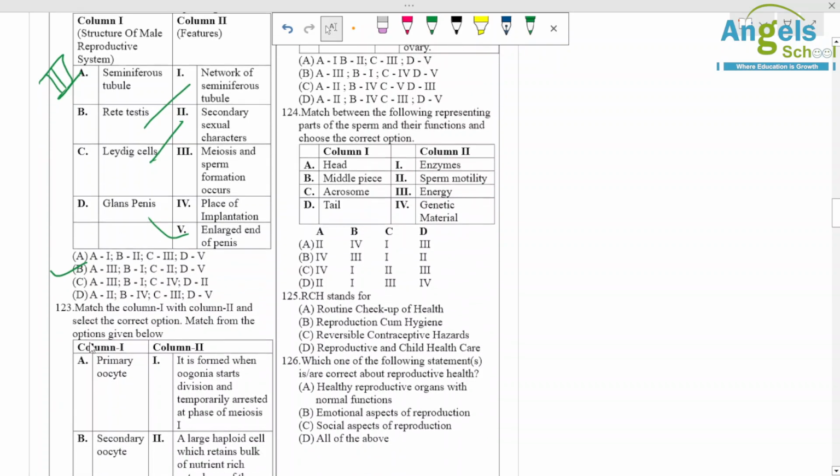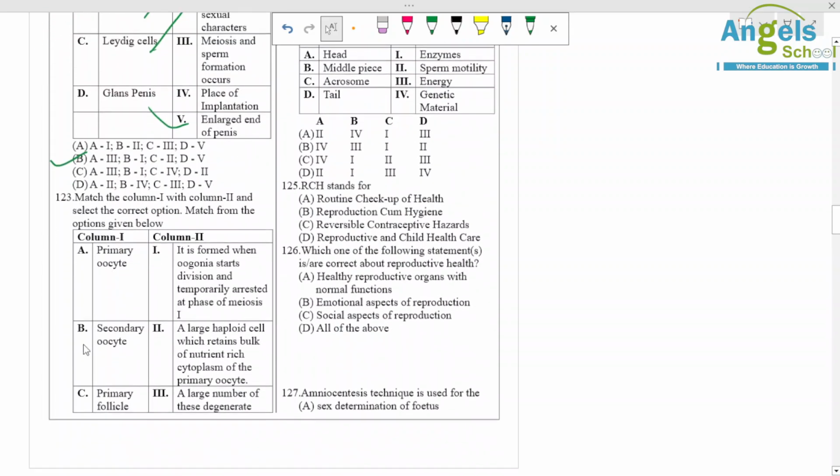Question number 123. Again match the column. So primary oocytes are formed when oogonia start and divide and are temporarily arrested at phase of meiosis 1. So यहाँ पे सामने ही दिया है. Secondary oocytes, a large haploid cell, retain the bulk of nutrition-rich cytoplasm of primary oocytes.